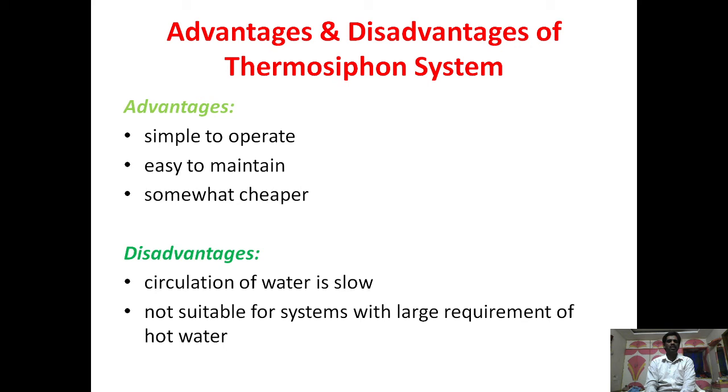The circulation of water is slow. That means collecting the heat using the absorber plate, and using the collected heat to heat the water, takes a long time. And this kind of system is not suitable for large requirements of hot water.